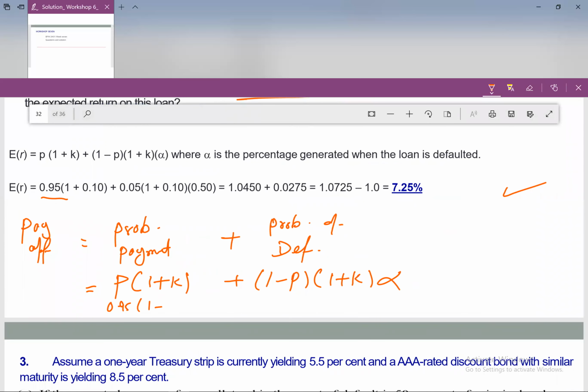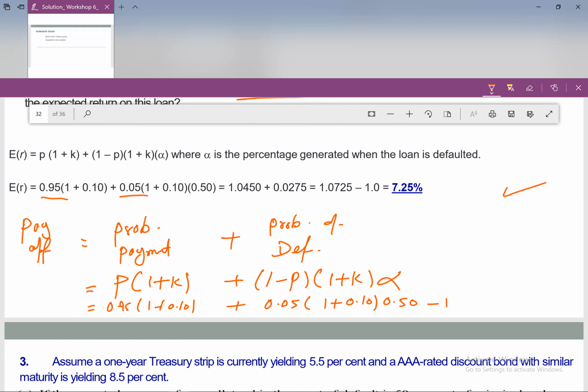And this is 1 plus 10. It's here. And then you have the 5%, which is this one minus 95, make it 5%, times 1 plus, and then this is times 50 minus 1, which is the principal.